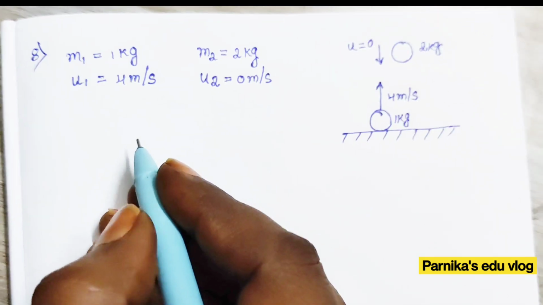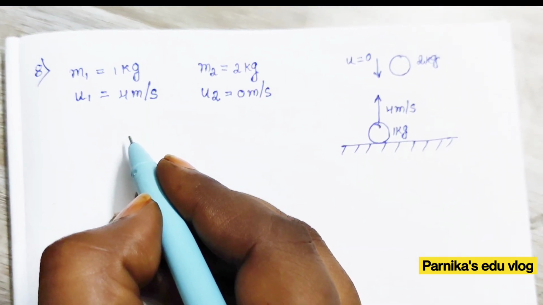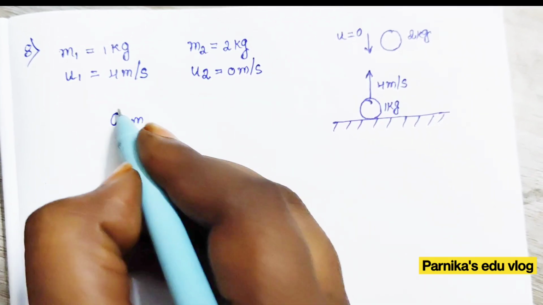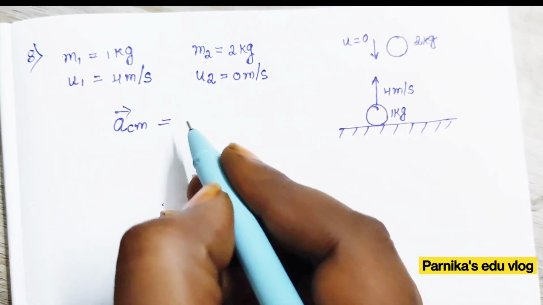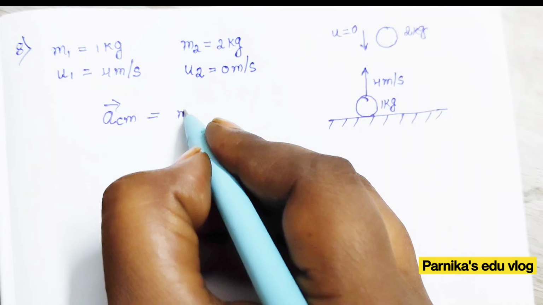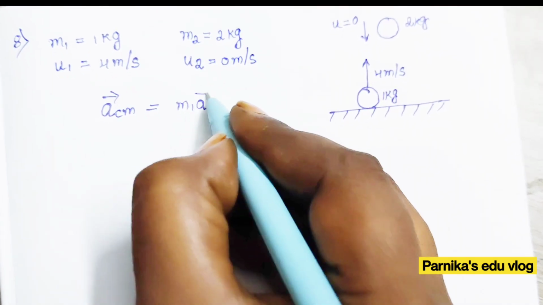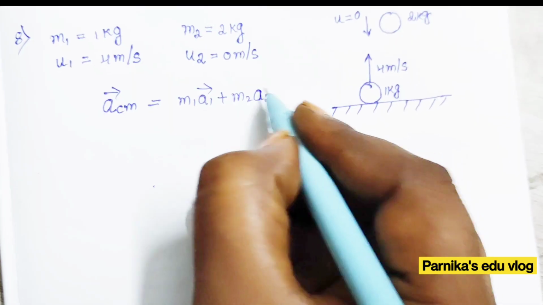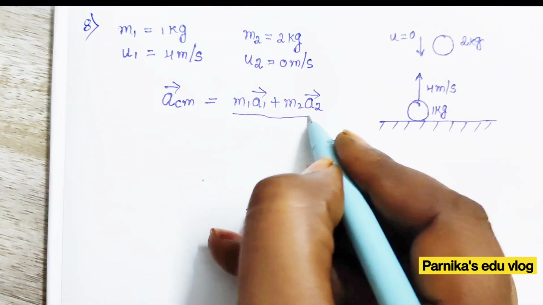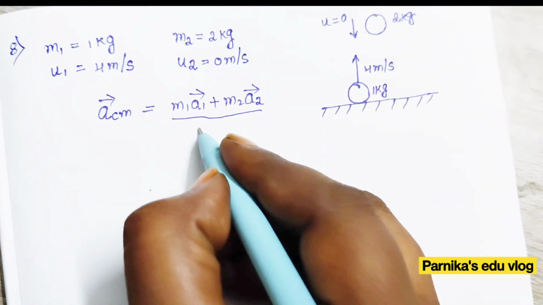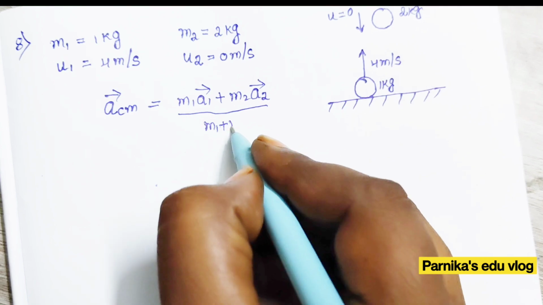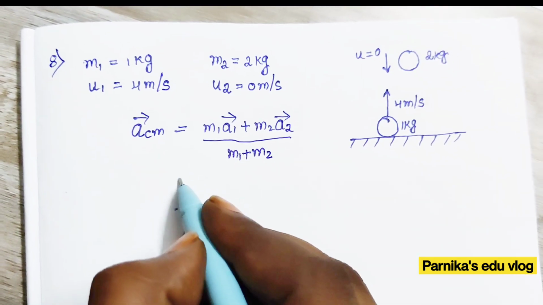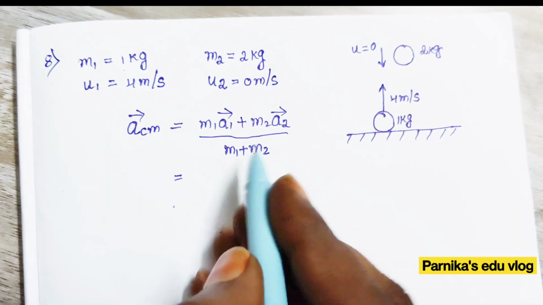So we have the acceleration of center of mass formula. What is that? A center of mass is equal to M1 A1 bar plus M2 A2 bar divided by M1 plus M2, right? So now what is M1 here? 1 kg.